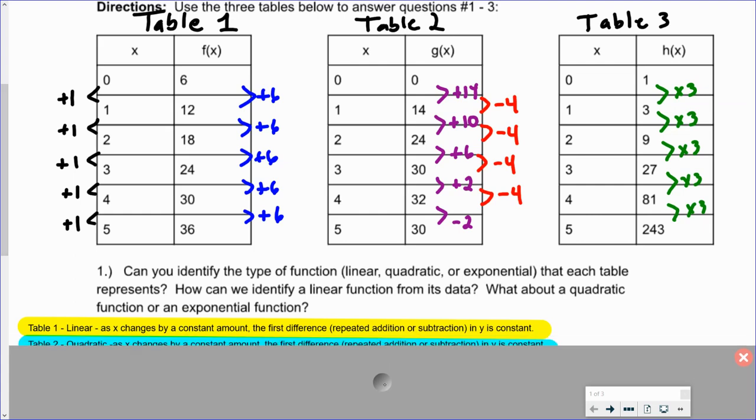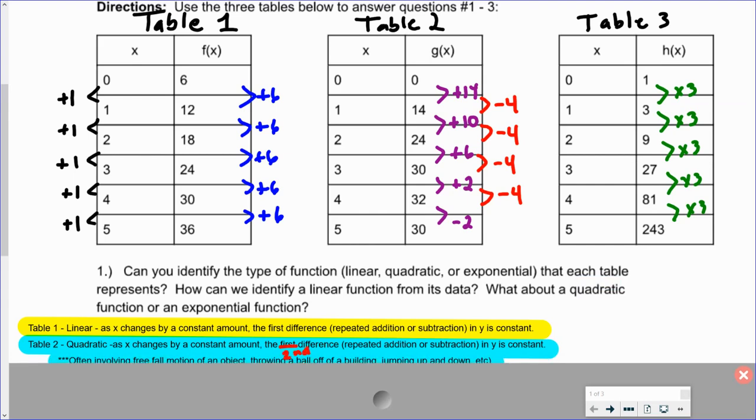Table 2 was quadratic in nature. So as x changes by a constant amount, this should actually say the second difference. Sorry, let me change that right now. This should say the second difference is constant. So the second difference in y is going to be constant for a quadratic model.